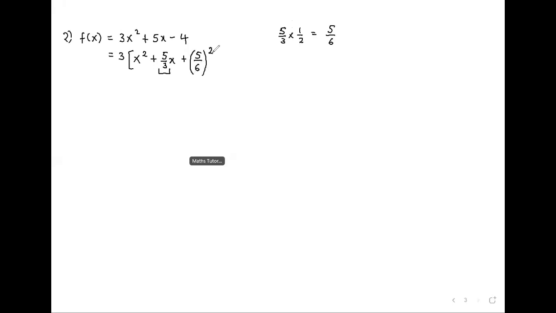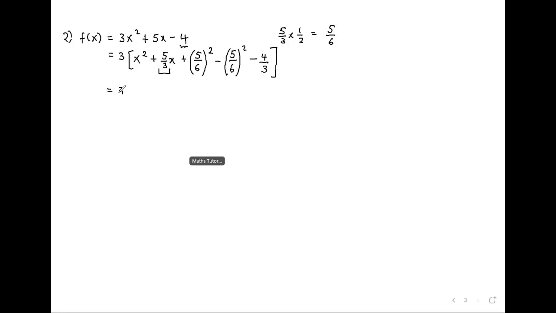I square it, minus 5 over 6 squared. Then I get back to the quadratic, negative 4 divided by 3. So you factor out 3 and then divide the coefficient of x by 2, square it and subtract.